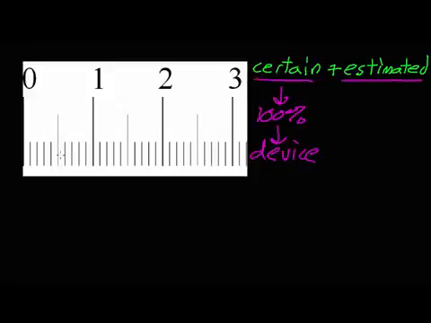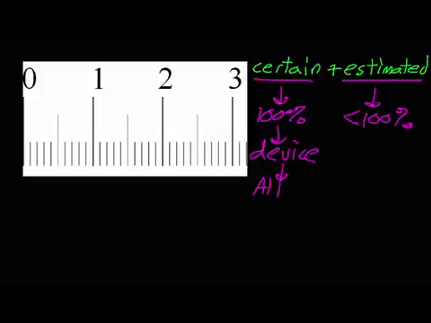Any digit that you generate using your device is a certain digit. It's going to be important to collect all of the certain digits that you can from your device when measuring. In addition to that, we have an estimated digit. An estimated digit is less than 100% known. This is really something that we're, for lack of a better word, guessing on.